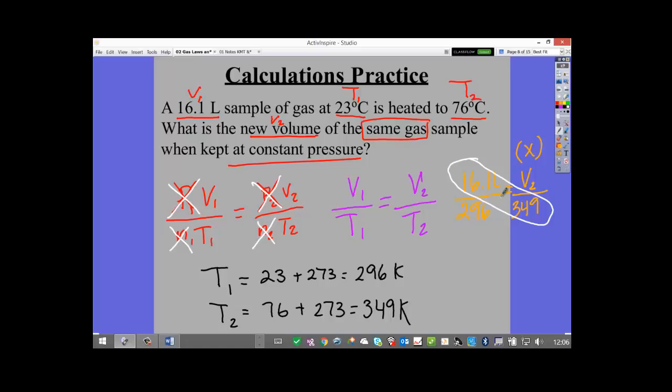What's 16.1 times 349? 5618.9. 5618.9 over 296 equals V2. So what is my V2? 18.98. 18.98 liters.